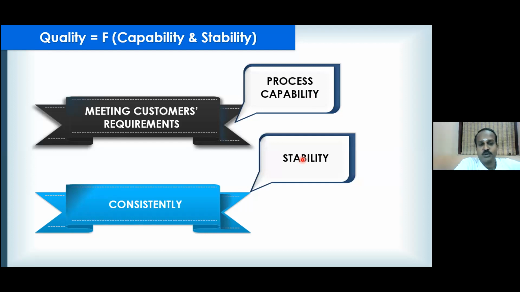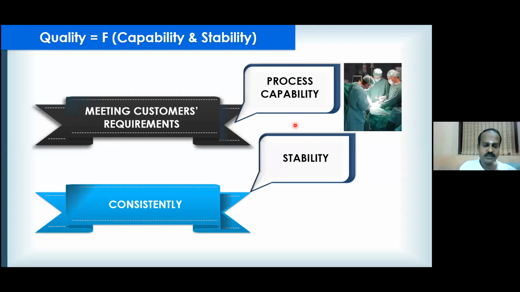The use of the control chart is to understand whether your process is stable or not, whether it is statistically in control or not. If something is in your control, you can improve. If something is not in your control, can you improve? It's already out of control. So stability is very important before building capability.